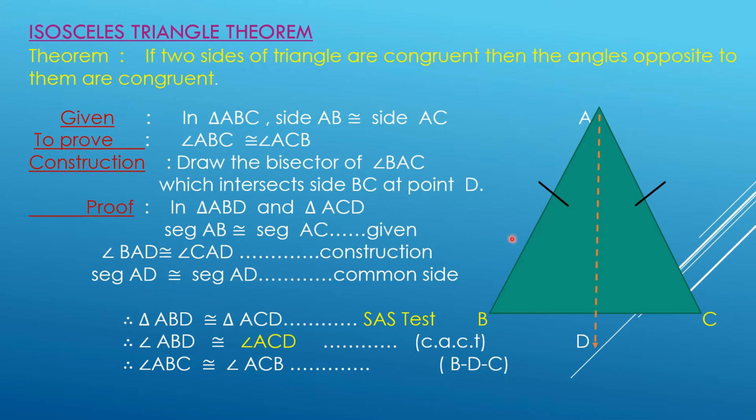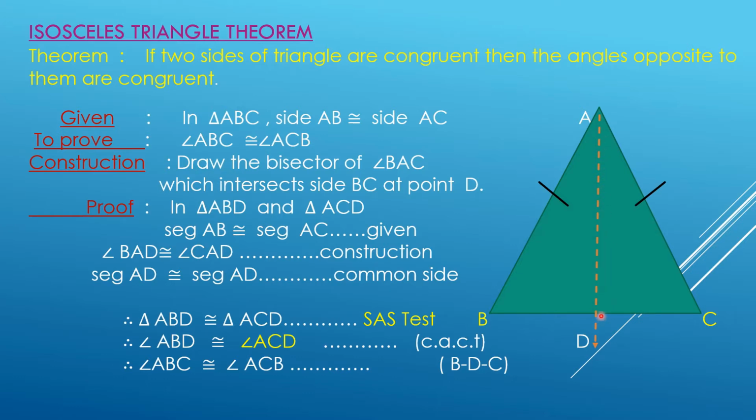Segment AB is congruent to segment AC, that is already given, and angle BAD is congruent to angle CAD. The reason is by construction, because AD is the bisector of the angle, and segment AD is congruent to segment AD, that is the common side.